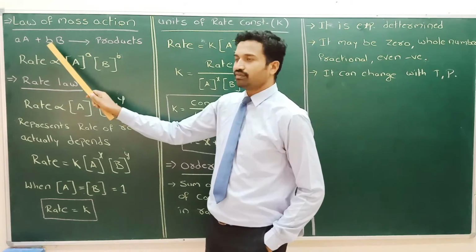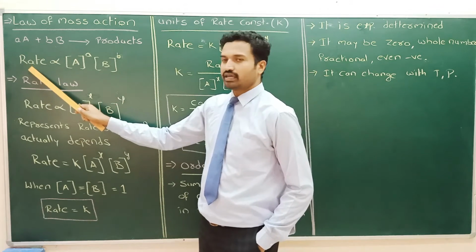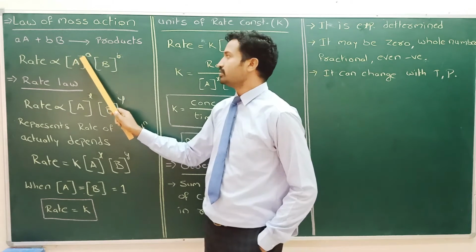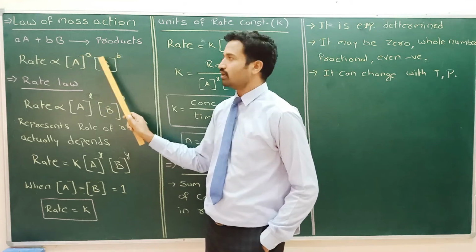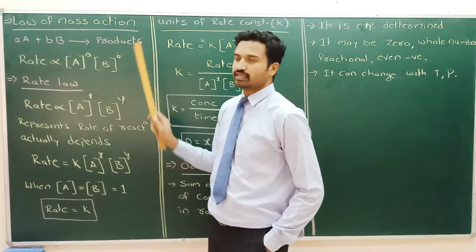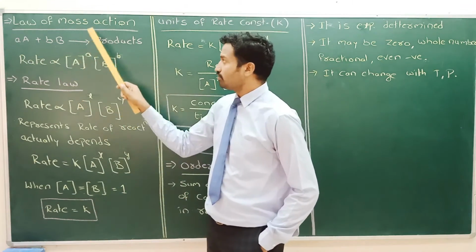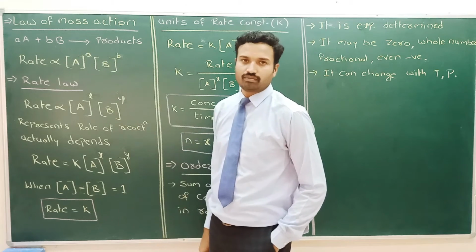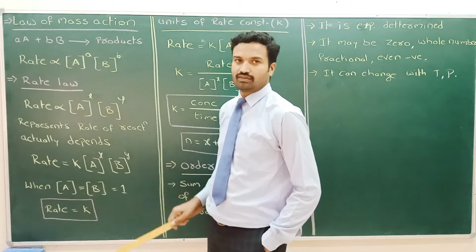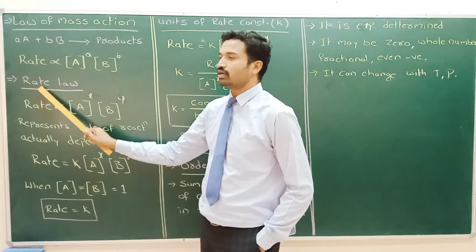Again, at a given temperature, rate of reaction is proportional to concentration of reactants raised to the power of their coefficients. Their coefficients are the number of moles, small a and small b. This is called law of mass action. Here this law of mass action is a theoretical value. If we take the same equation experimentally, that is called rate law.